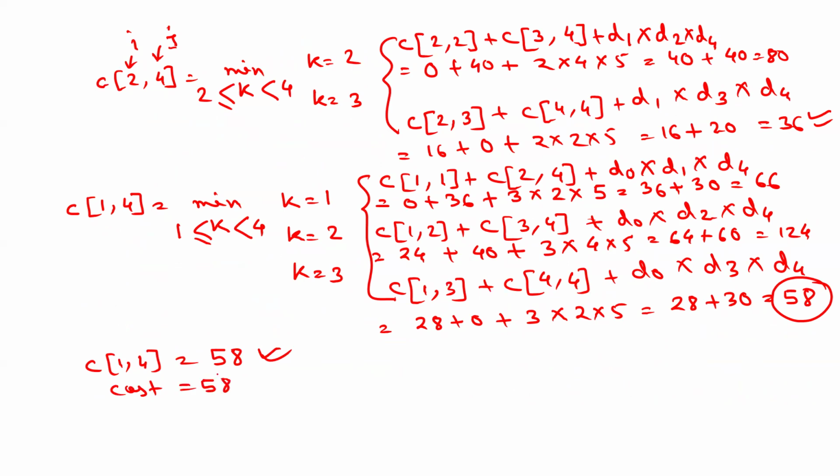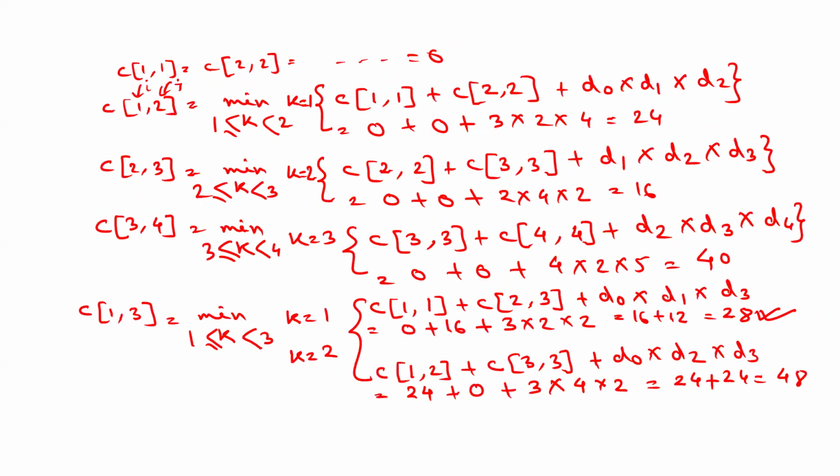So now, by using the k values, we calculate the parenthesization. Here we know there are total 4 matrices, where the cost of the matrices is 58. So that is the final cost.